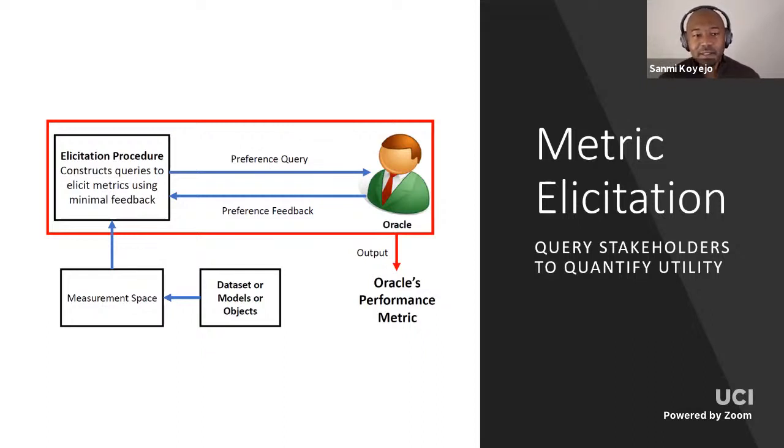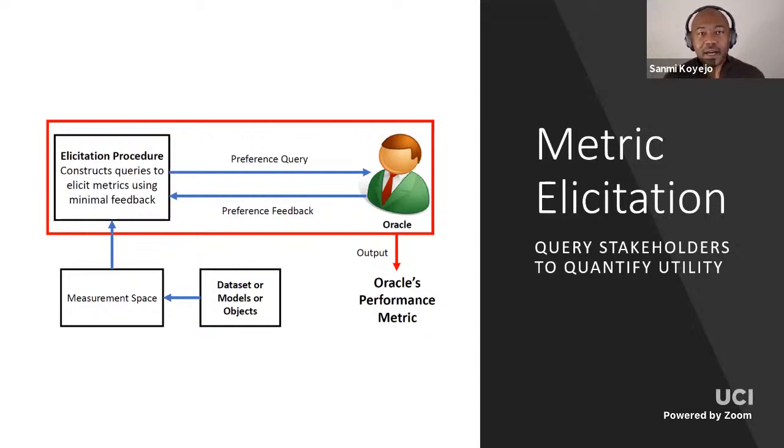These queries are designed to get information from stakeholders. We're calling them oracles for the purposes of this talk. The oracles or stakeholders give the algorithm preference feedback, and this feedback is used to come up with a good approximation of the preferences of the stakeholder. In particular, that's a quantification that can be used as an evaluation measure, or can be used to train a model, a machine learning classifier, for instance.